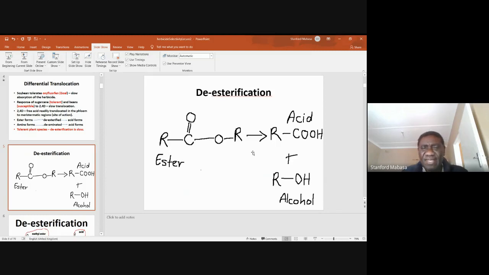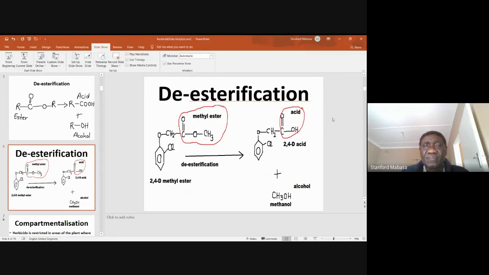We can look at the example of the herbicide. This is the 2,4-D methyl ester, which can be applied to the plants post-emergence. Now they have to be deesterified, they have to undergo deesterification process.